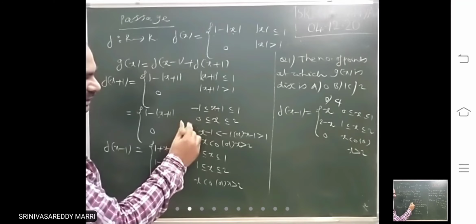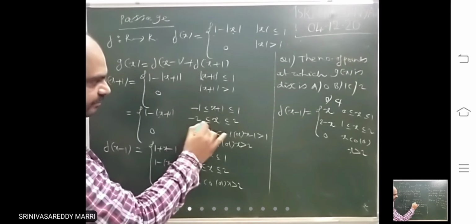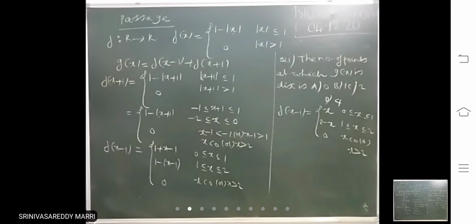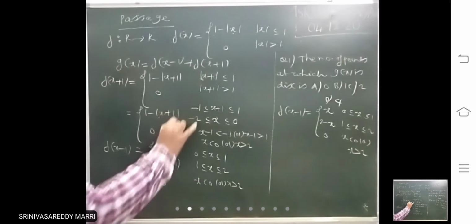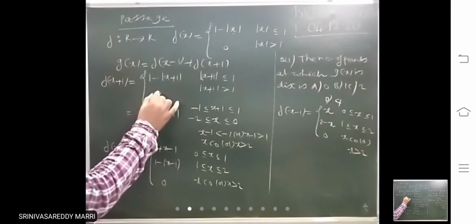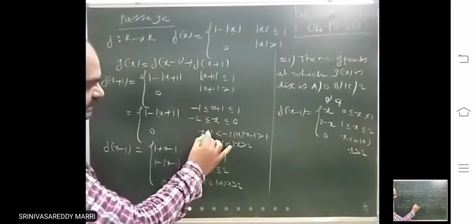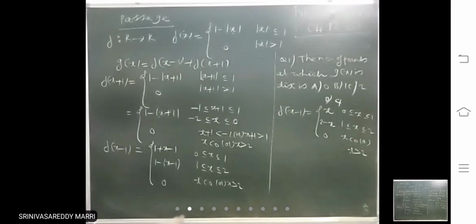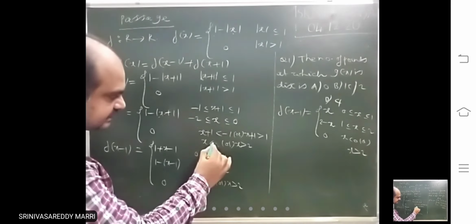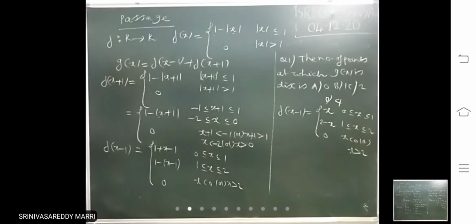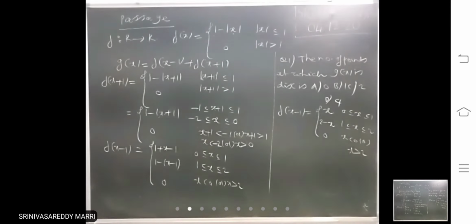Minus 1 here you will get minus 2, and here you will get 0. So between minus 2 and 0, the definition is 1 minus modulus of x plus 1. This is 0 when x plus 1 is less than minus 1 or x plus 1 is greater than 1. That means x less than minus 2 or x greater than 0.